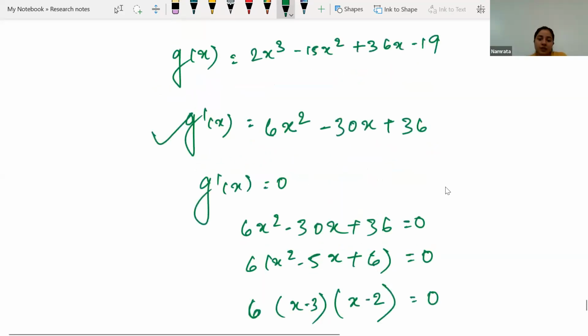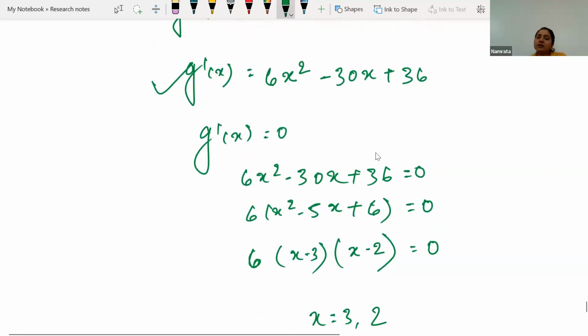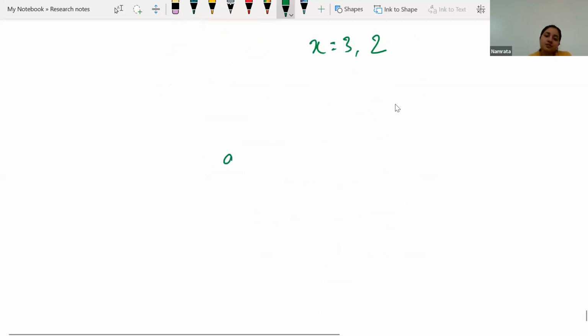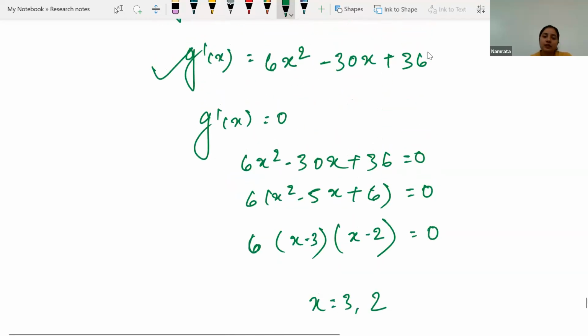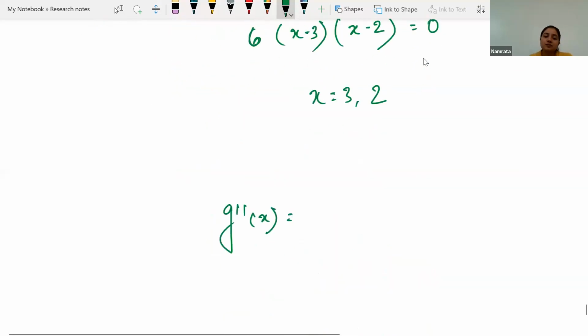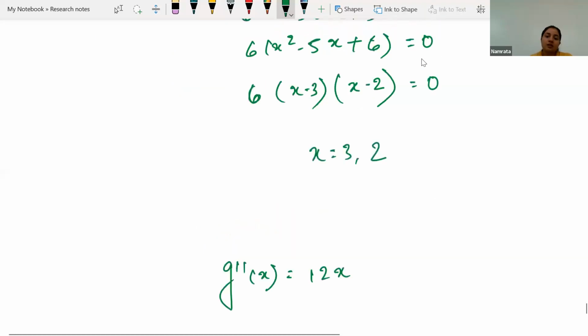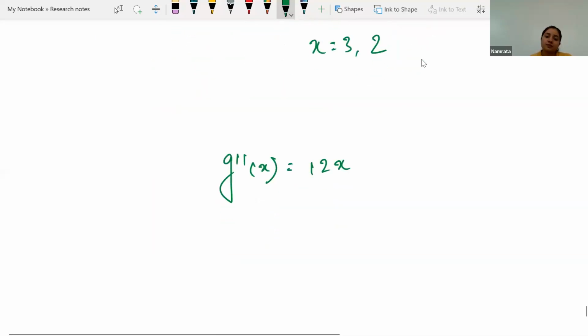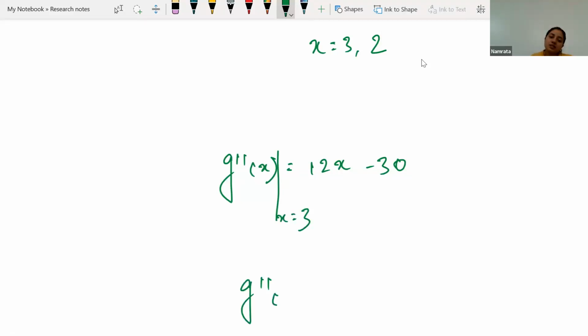Now we can apply the second derivative test, as it is very simple to do the derivative again. So g double dash x will be 12x minus 30. Now we check g double dash x at x equals 3 and at x equals 2.